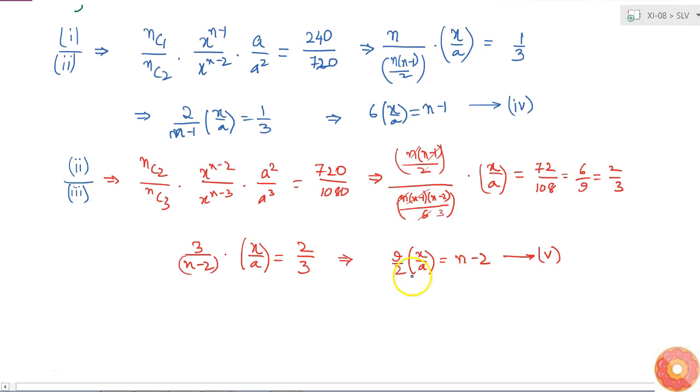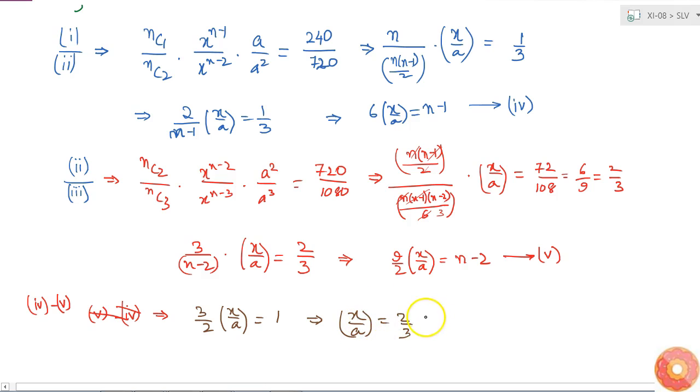So if I do fifth equation minus fourth equation, what will I get? Or rather I'll do the opposite, the fourth equation minus fifth equation. I can subtract them. So what will I get? 6 minus 9 by 2 will be 12 minus 9 by 2, which is same as 3 by 2 into x by a is equal to (n-1) minus (n-2), which is 1, which means that x by a is equal to 2 by 3.